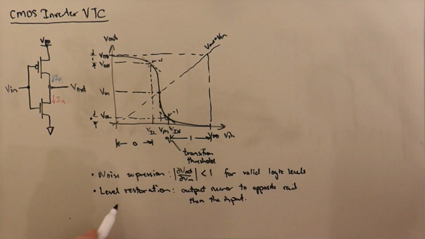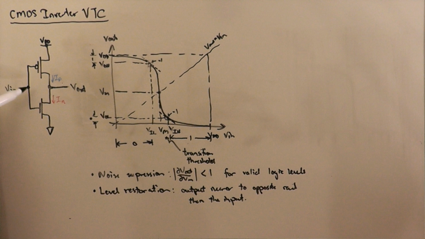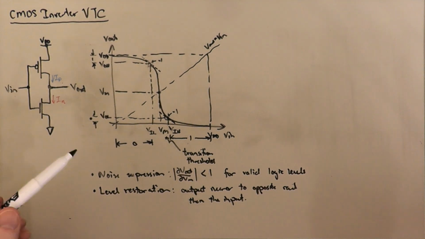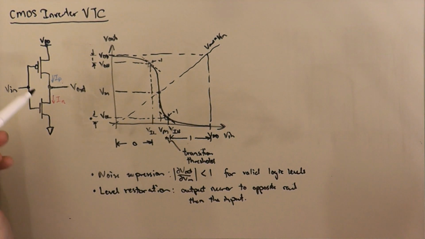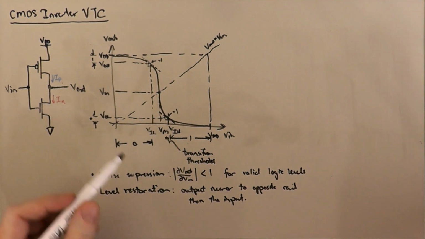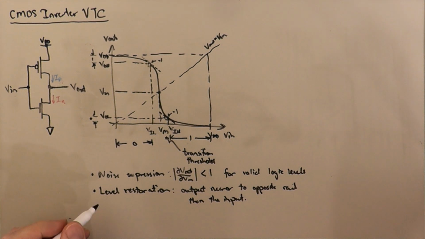So if we pass a logic signal that's not quite at the rails, maybe even in the middle of the rails, through several stages of inversion, we'll get the logic level restored to a nice strong 0, a nice strong 1. Okay, so those are key characteristics of the CMOS inverter.